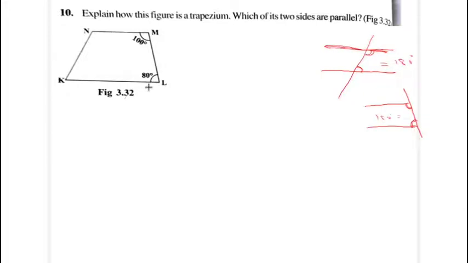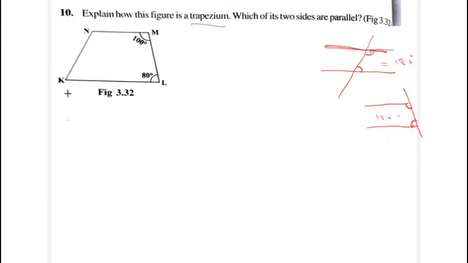First of all, what is the property of a trapezium? Only one pair of opposite sides is parallel. Clearly these two sides are not parallel. We just have to check whether side MN is parallel to LK or not.